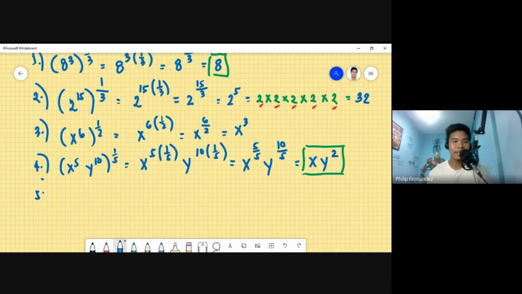Kayo naman na magsasagot. Let's say we have here a to the 16th, y to the 8th, raised to 1/4. Sige. You solve it first on your notes.